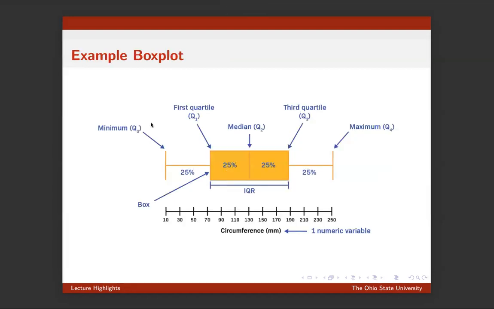So here's a picture of a box plot. We can see the first 25% of the data is contained in this first bin, the second 25% in this bin, third, fourth, with the middle box part containing 50% of the data, and the median being this center line.